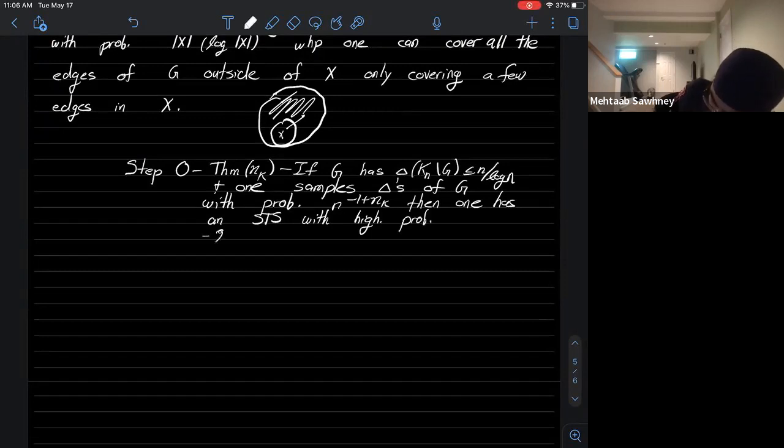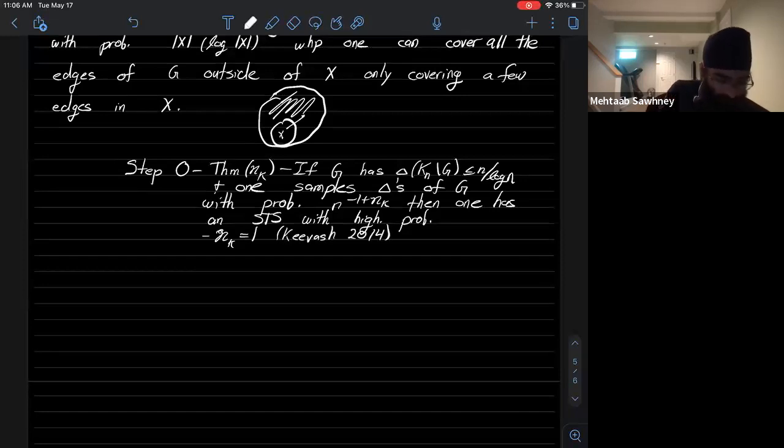And just for clarity, the case where eta k equals 1 just says that if you have all the triangles, then you can find an STS. This follows, for instance, from Keevash's work on the existence of designs, but earlier works also suffice.